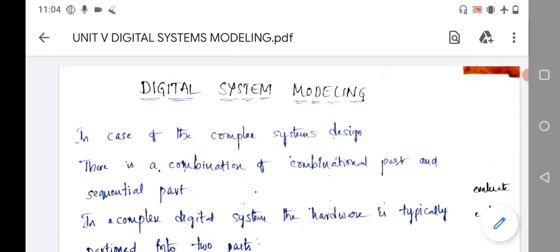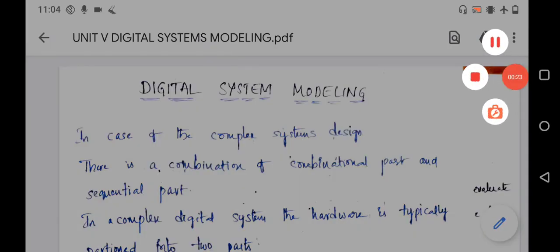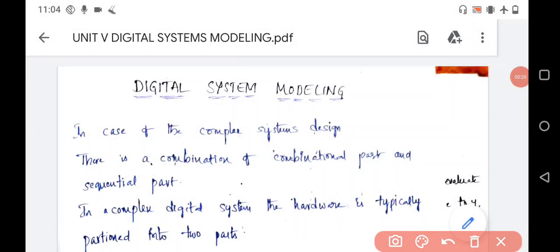Today we are going to discuss unit number 5, that is digital systems modeling in DSD by using Verilog, right? So in this, digital system means, up to now we have some idea about what is meant by combinational circuit and what is meant by sequential circuit.